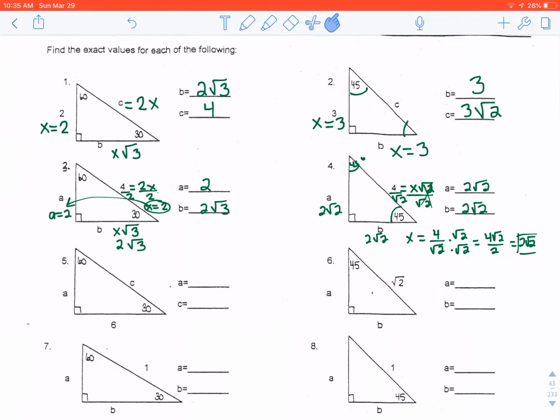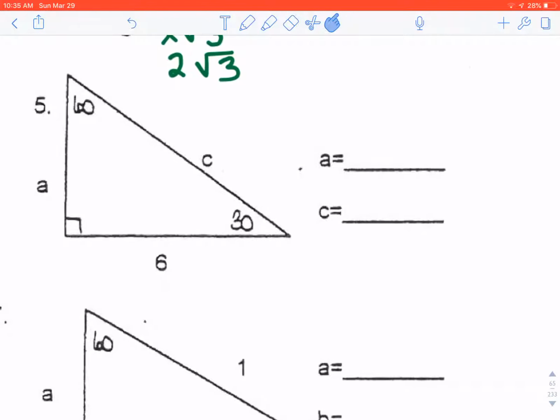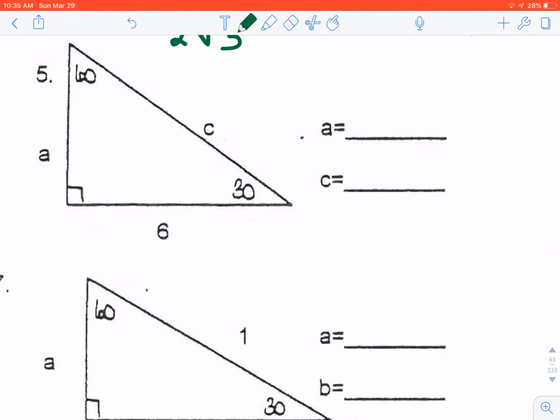Number 5 was a 30, 60, 90 triangle. This one you're given the longer side first. So you want to take the 6. We know that the long side is equal to our formula, x square root 3. Okay, we want to solve for x. So just like number 4, we want to get rid of that denominator, get rid of the radical.